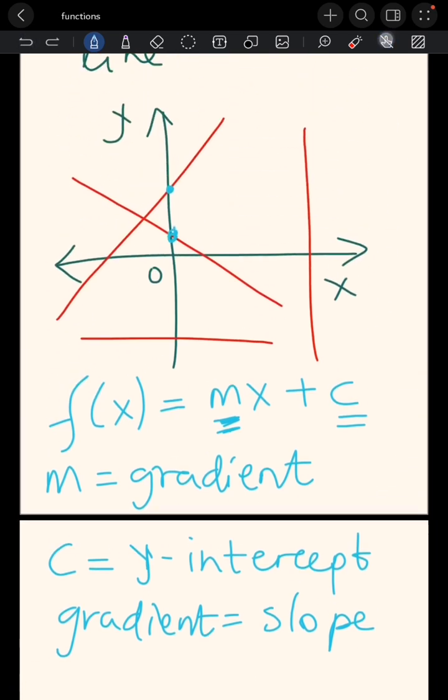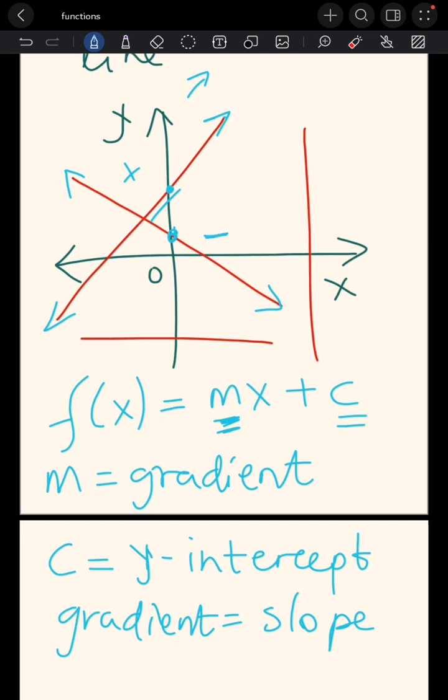For the fact that this line goes like this, we say it is sloping upwards. Starting from your left hand side going up, we say it is sloping upwards. So it has a positive slope. The fact that this line is built like this, we say it is sloping downwards. So its gradient is going to be negative.